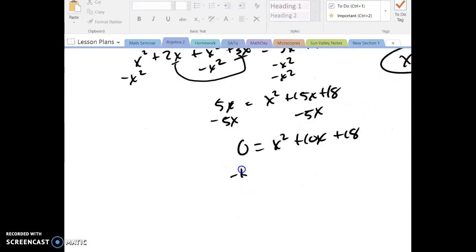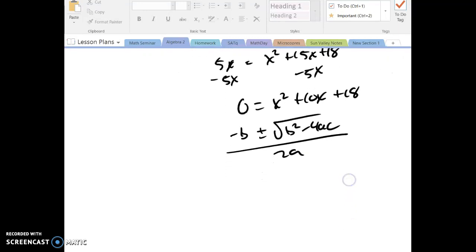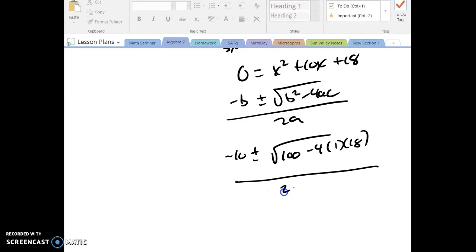So negative b plus or minus square root of b squared minus 4ac all over 2a. Remember when you do this, again, like I keep telling you, this problem is multiple choice. So I do 10 squared, 100, 4 times 1 times 18, all over 20.